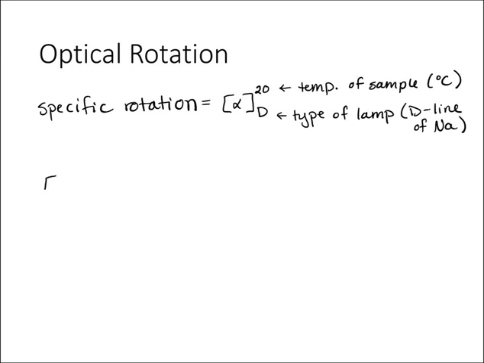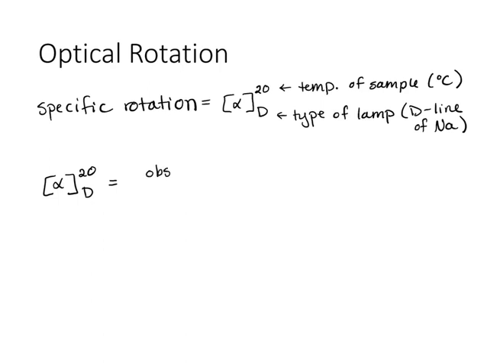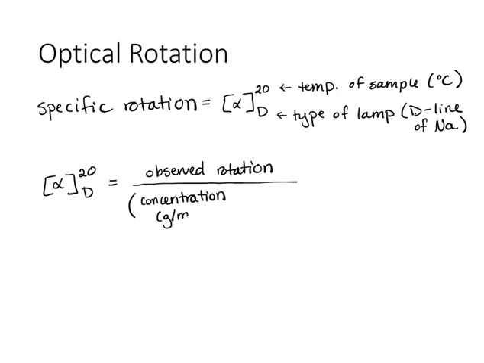Now this specific rotation depends on a few different factors. So this is equal to the observed rotation. So maybe that's positive 20 degrees. And then we'll divide that by the concentration of the sample. And that will be in grams per milliliter.